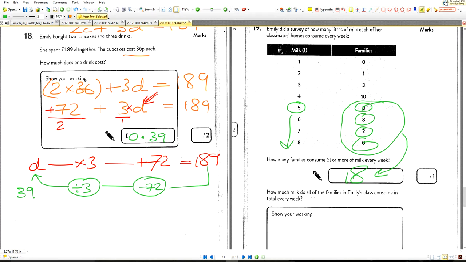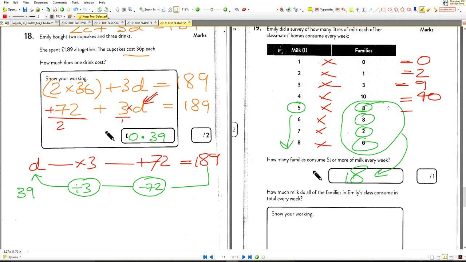How much milk do all of the families in Emily's class consume totally every week? For that question, we need to multiply out the table. 1 liter is consumed by 0 families, so that gives you 0 liters. 2 liters is consumed by 1 family, so that'll give you 2. So we times them each. Then you have 5 times 4 times 10 is 40.